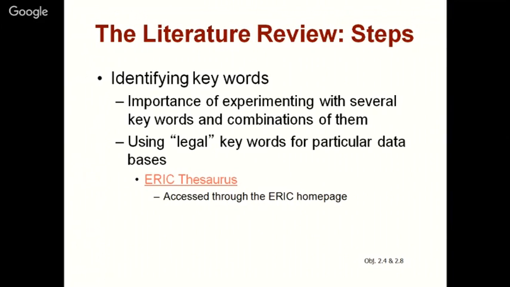I'm developing an algorithm to ensure security in the local area network. Now, what are my keywords here? The keywords are algorithm, local area network, and maybe security.